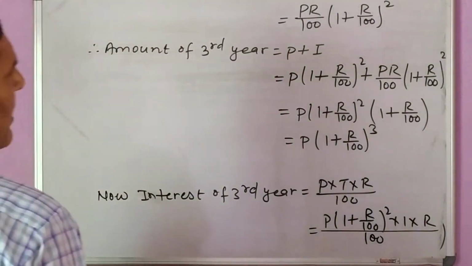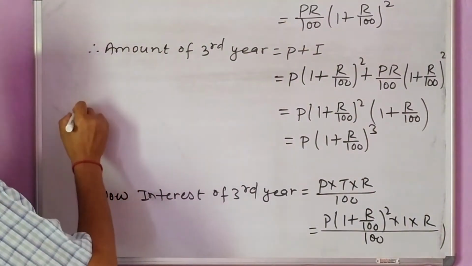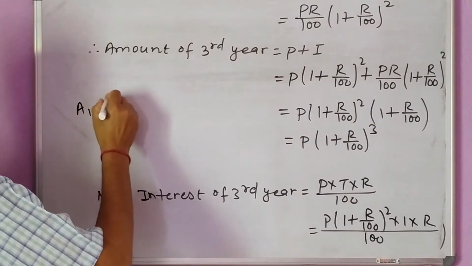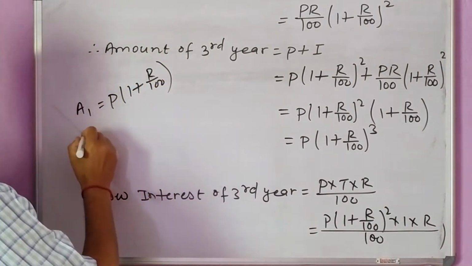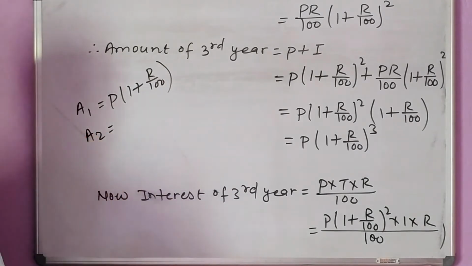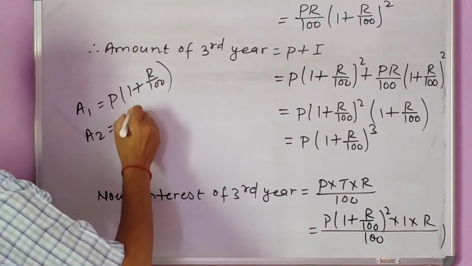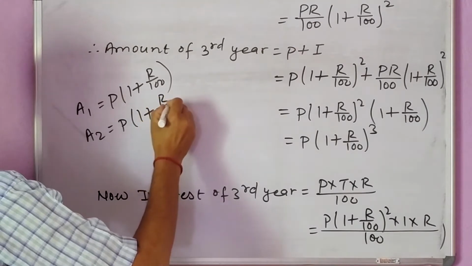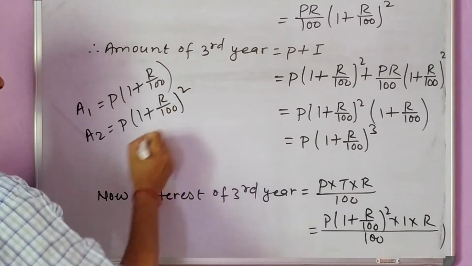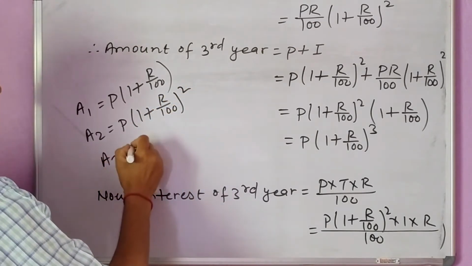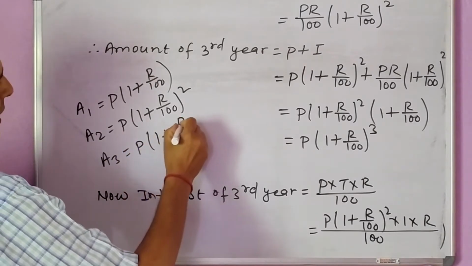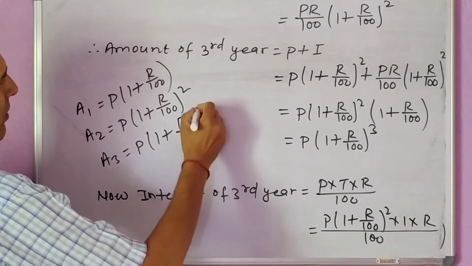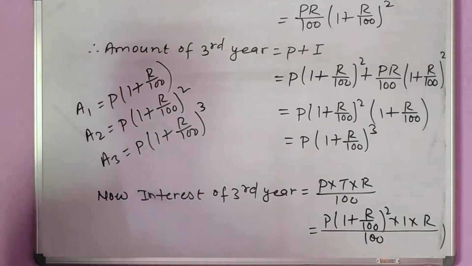So here we have seen that the amount of the first year, if we suppose A1, is P times 1 plus R upon 100. Similarly, amount of second year, A2, is equal to P times 1 plus R upon 100 whole square. And amount of third year, A3, is equal to P times 1 plus R upon 100 whole cube. Look at now.